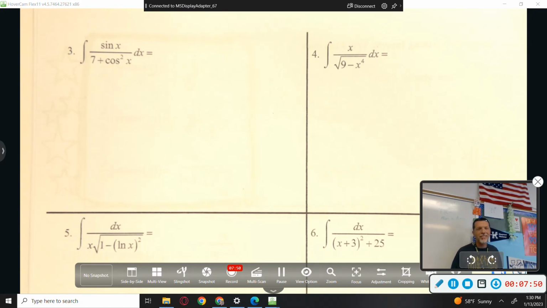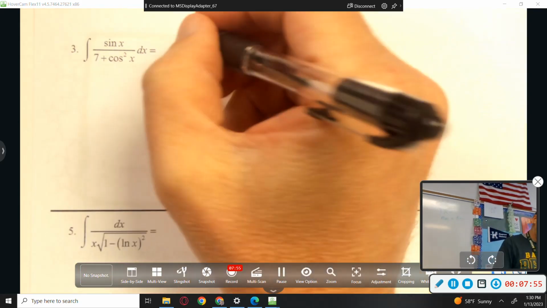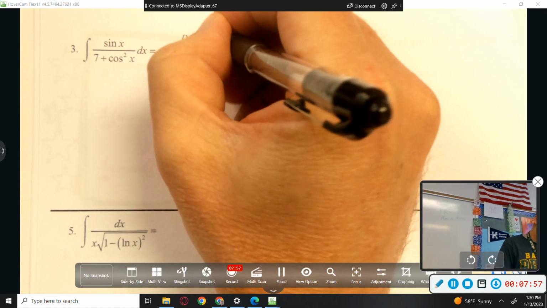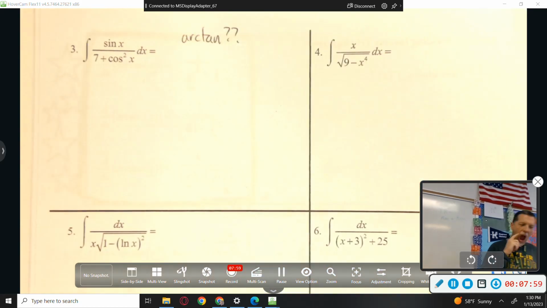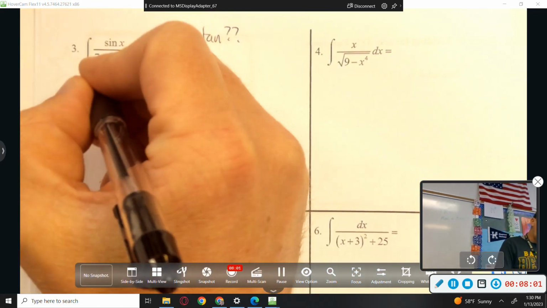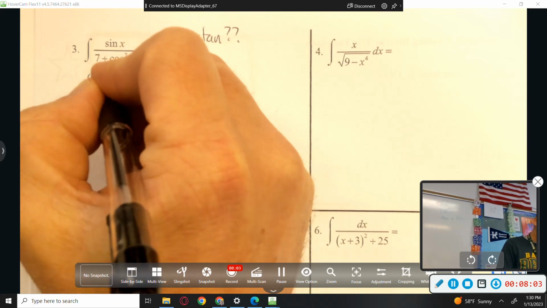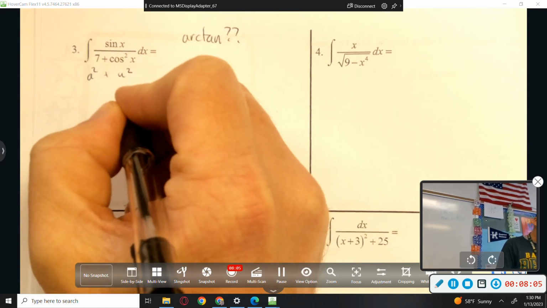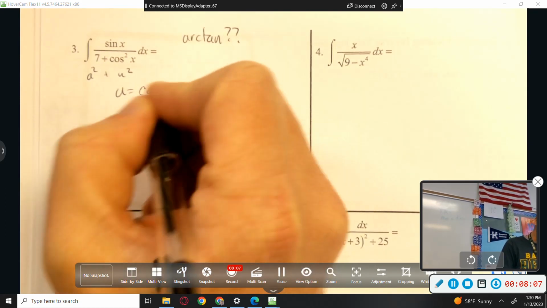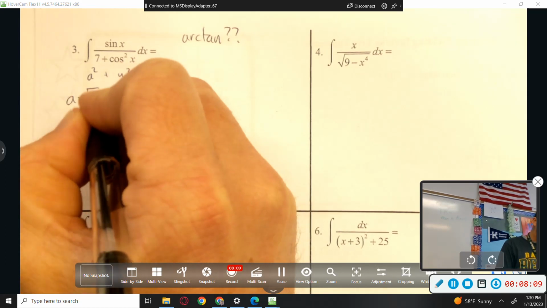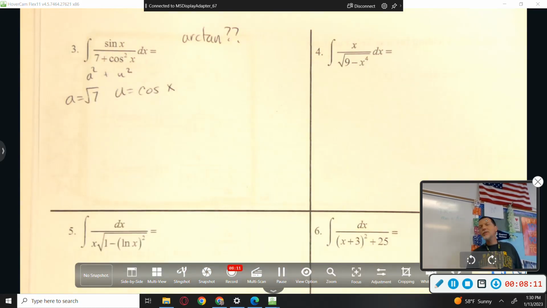That's a good answer. But that looks like arctan, a squared plus u squared. So that would mean u is cosine. So let's see if this works. a is square root of 7, but we don't do anything else with a, so we don't care if a is something weird. That's fine.